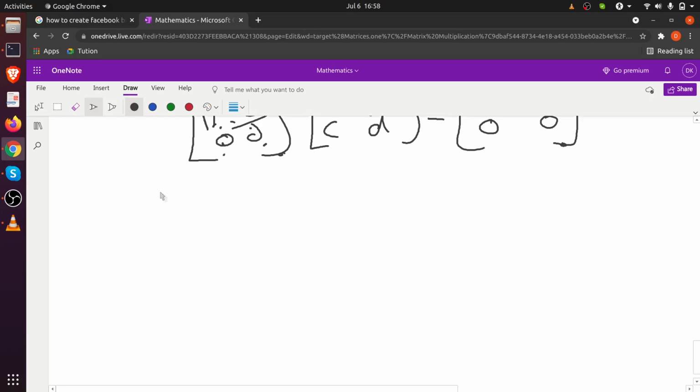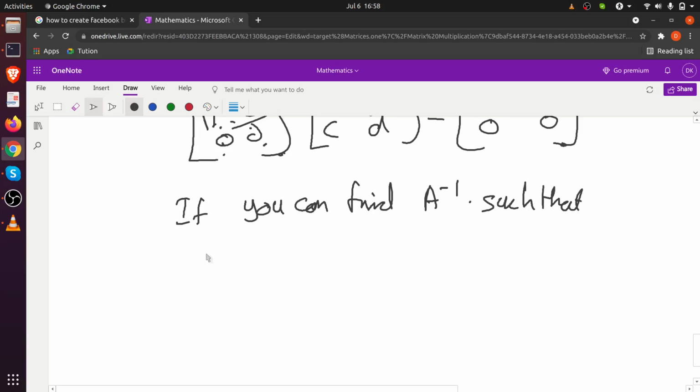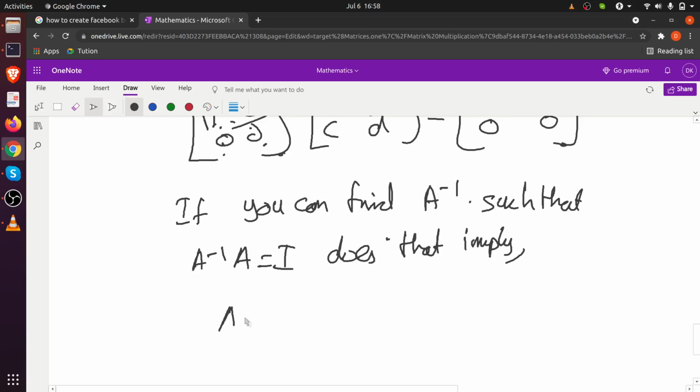And one more question: if you can find A inverse such that A inverse into A is equal to I, does that imply A into A inverse is also equal to I?